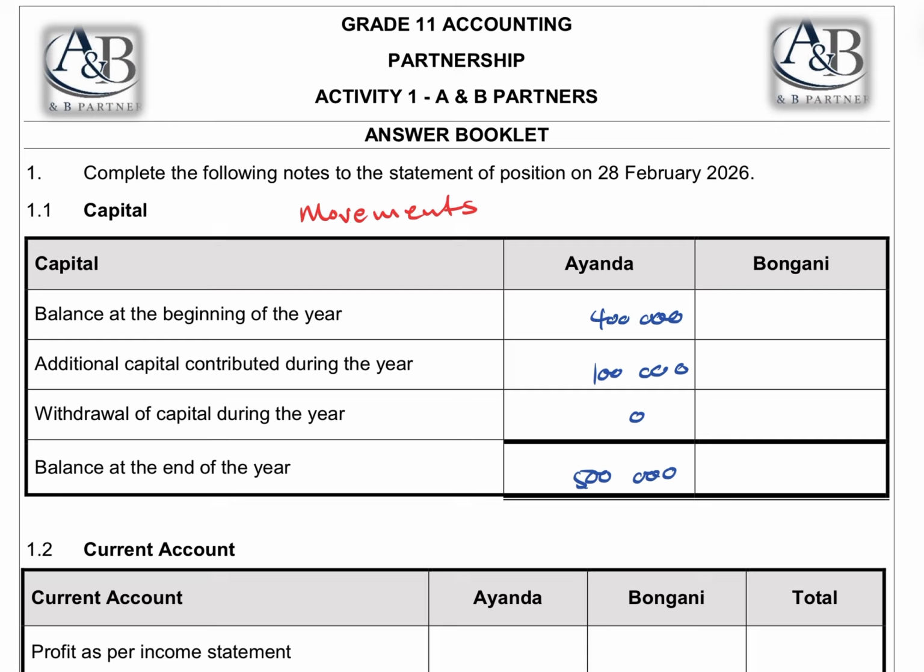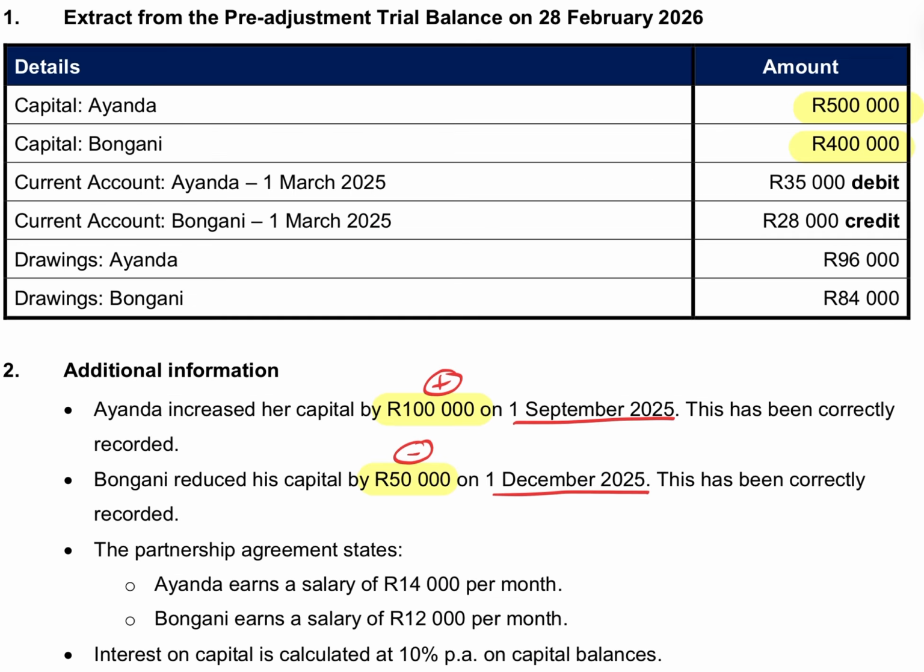Okay, moving on. Now let's look at Bongani. According to the information, Bongani's closing capital is 400,000. He reduced his capital by 50,000 during the year as per the additional information. This means that he withdrew capital from the business.